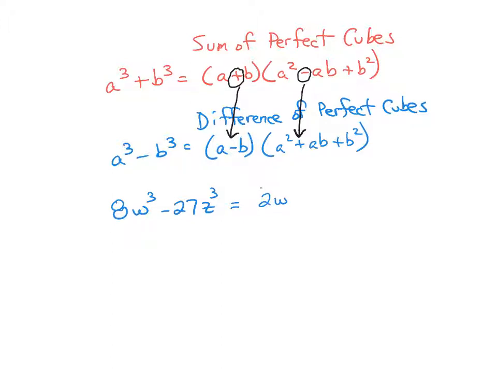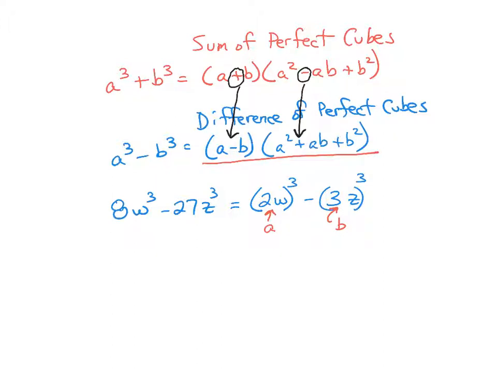It's really 2w to the third power, subtract 3z, all that to the third power. In that case, my a is equal to 2w, and my b is equal to 3z. Now, all I'm going to do is substitute 2w for a and 3z for b in this formula.